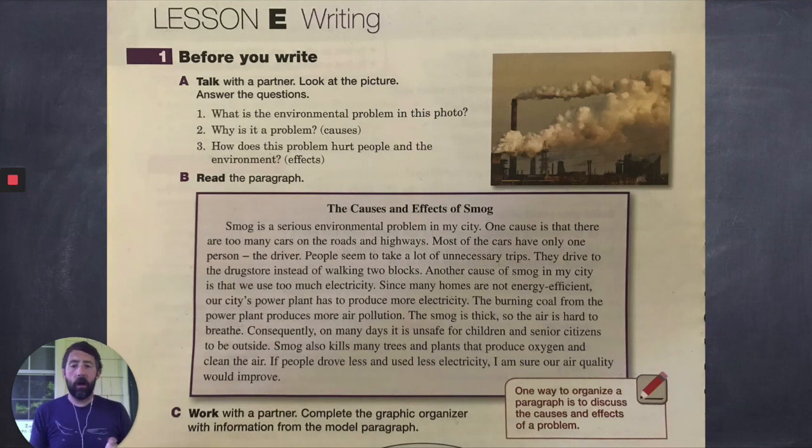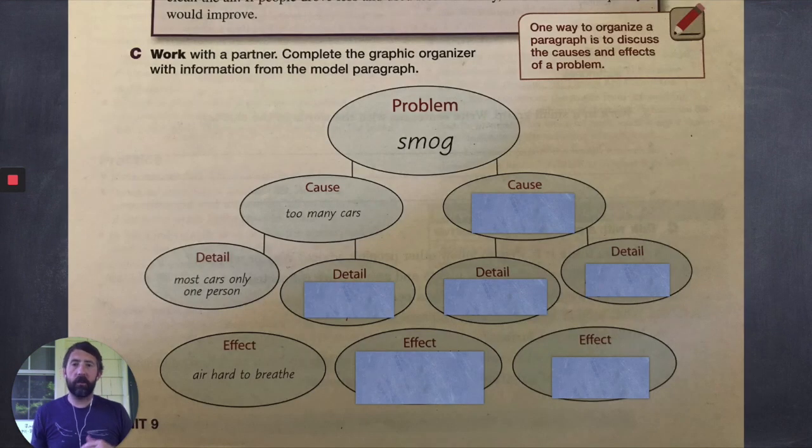So our next assignment, to help us understand how this paragraph is better structured, how this paragraph is organized, the different parts, we're going to look at together what the problem is, the causes, the details, and then the effects of those causes.